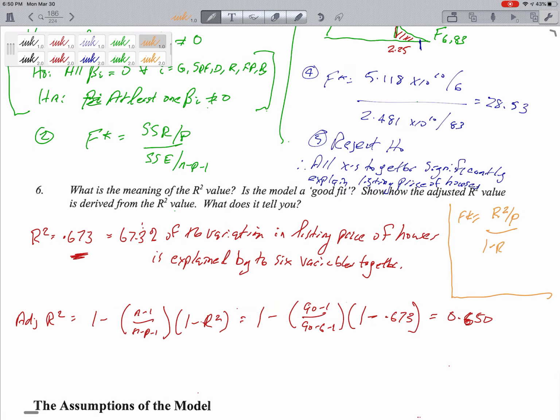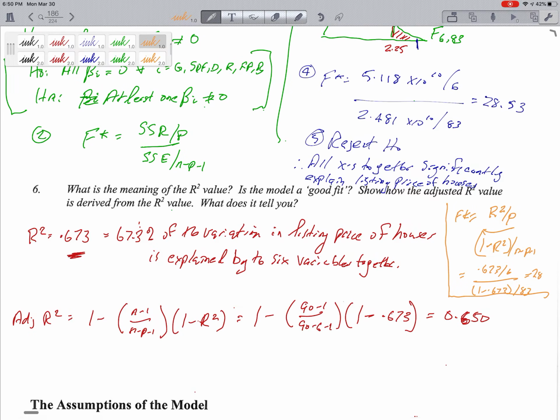So it's R squared over p divided by 1 minus R squared divided by n minus p minus 1. And so if you put in here 0.673 divided by 6 over 1 minus 0.673 divided by 83, then you'll get 28.53. It's equal to 28.53.